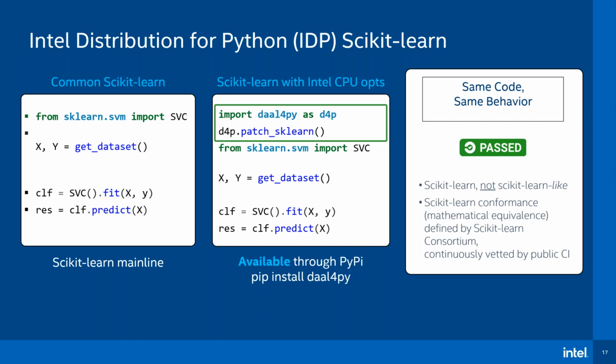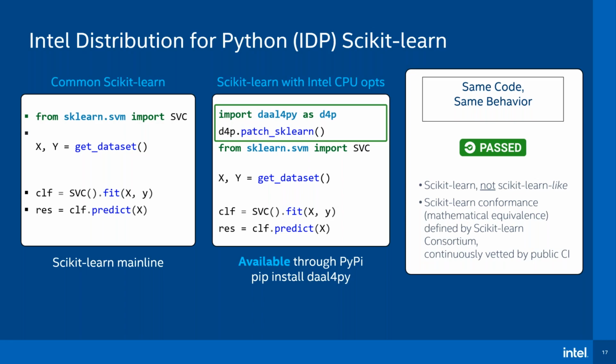This is continuously vetted and tested as we do continuous integration, and only then do we accept those changes into daal4py and oneDAL. So you can very easily use it as a drop-in replacement for your API calls.